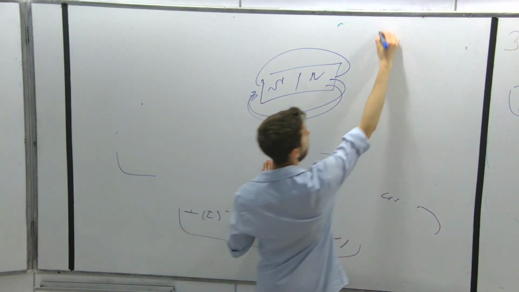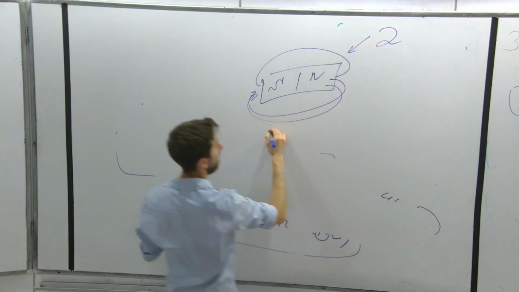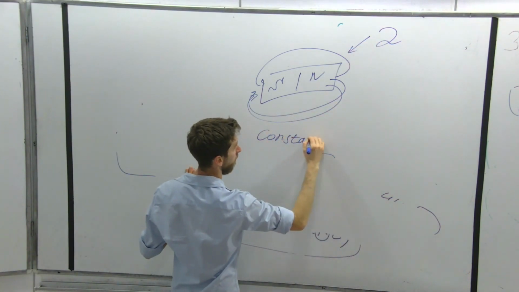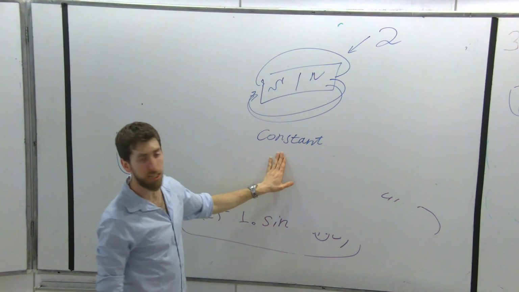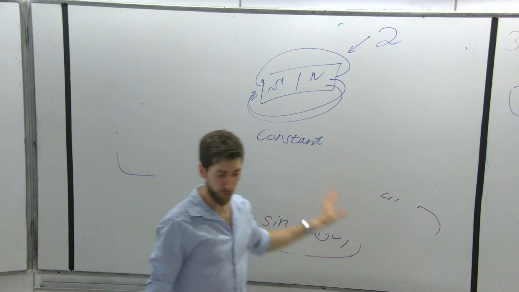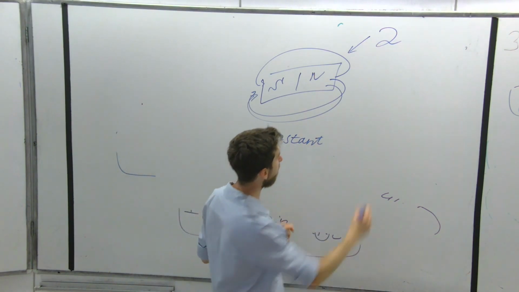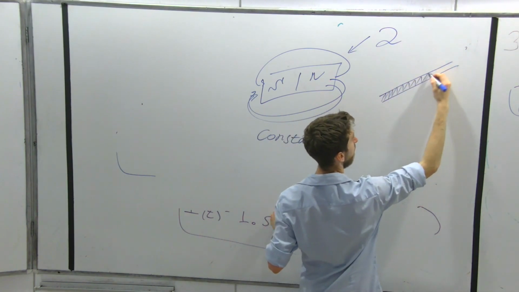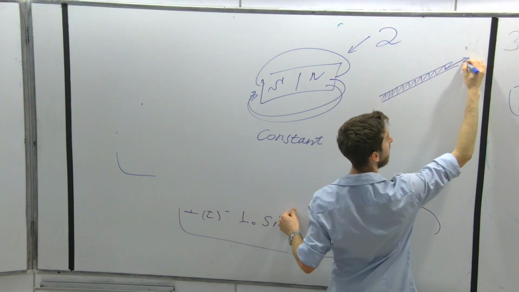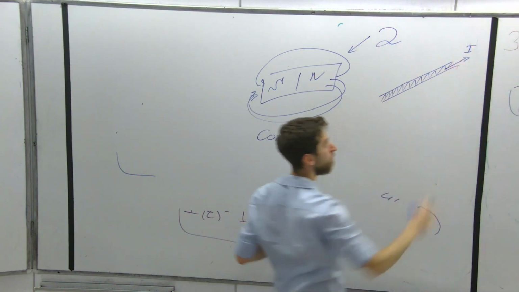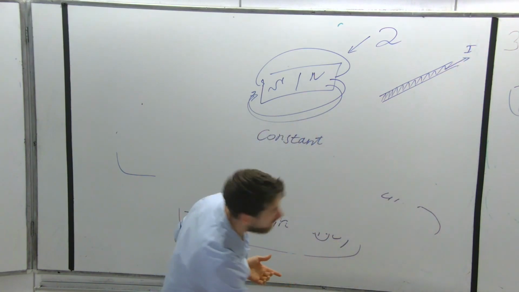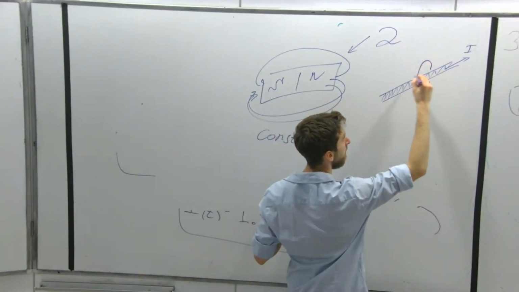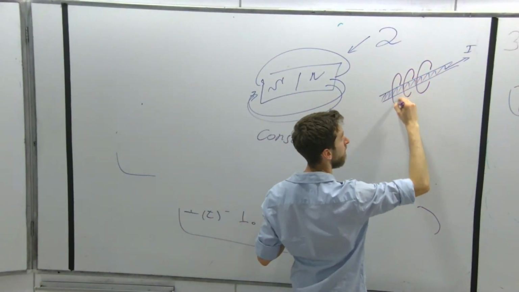We have two kinds of magnets. Constant, which stays magnetic, but we can also take a wire. This is crazy. If you take a wire and put a current inside it, what you actually see is there is a magnetic field around the wire.